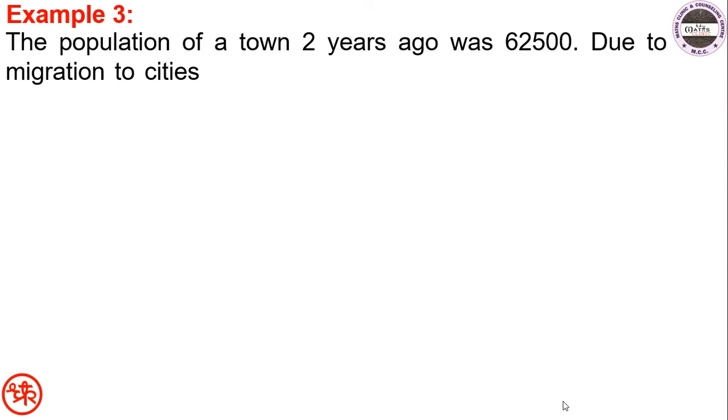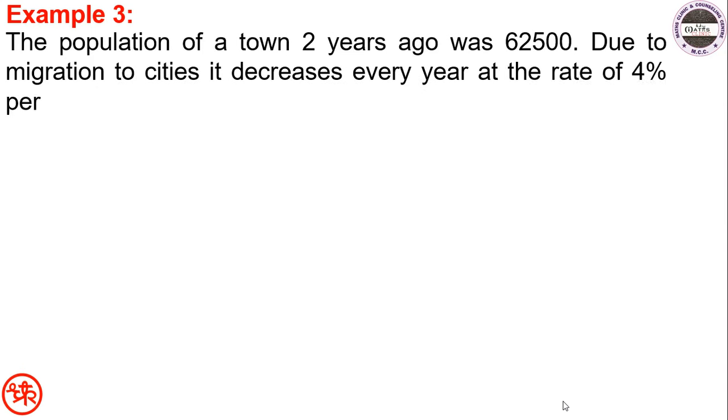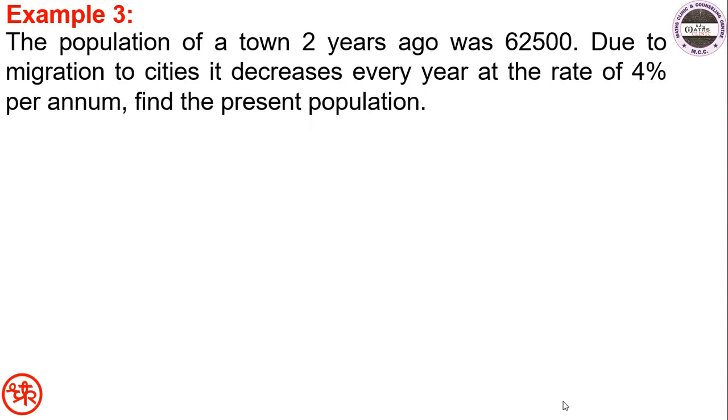Example 3: the population of a town 2 years ago was 62,500. Due to migration to cities, it decreases every year at the rate of 4%. The population 2 years ago was 62,500, and due to migration the rate of decrease is 4%.